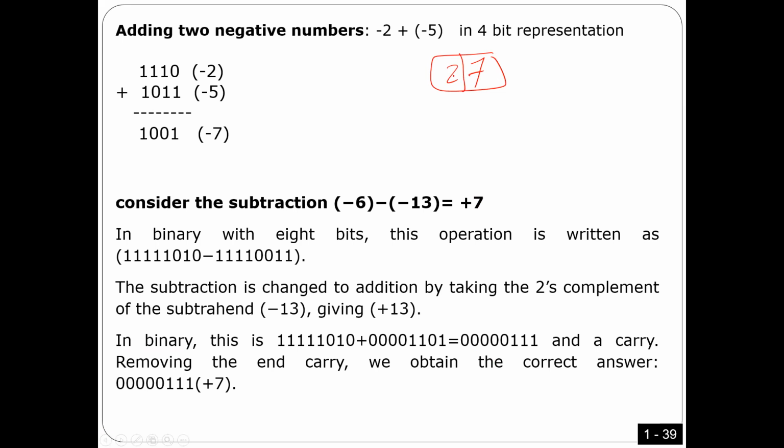This is a decimal number, right? Let me ask you a question. Can I represent 27 in 3 digits instead of 2? The answer is yes. How can you do it? 0 2 7, right? So 027 is actually 27. It's the same thing, but I just put it in a bigger space.